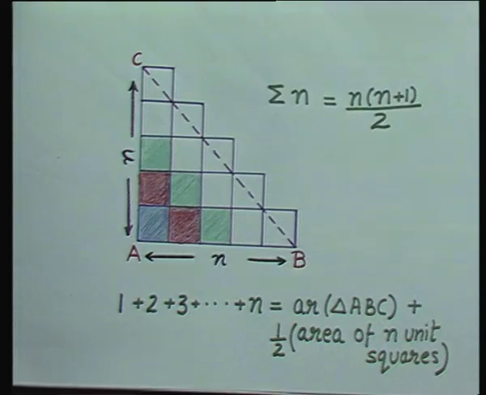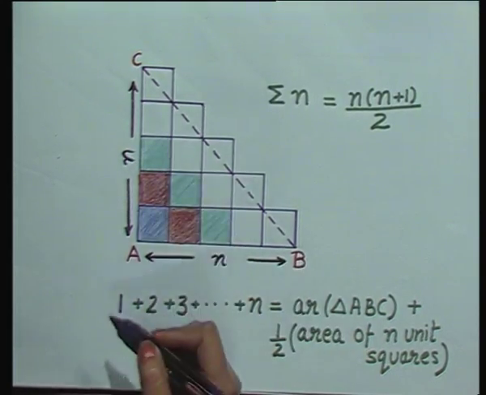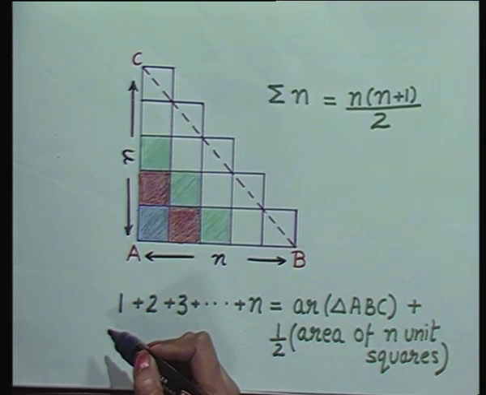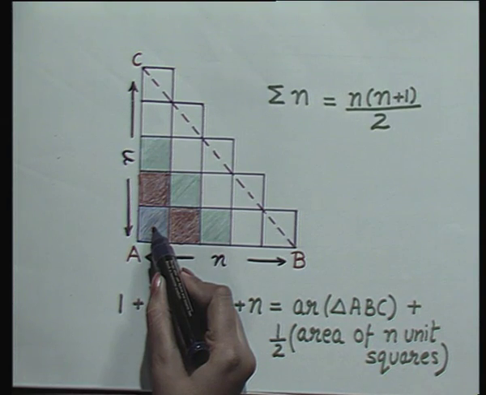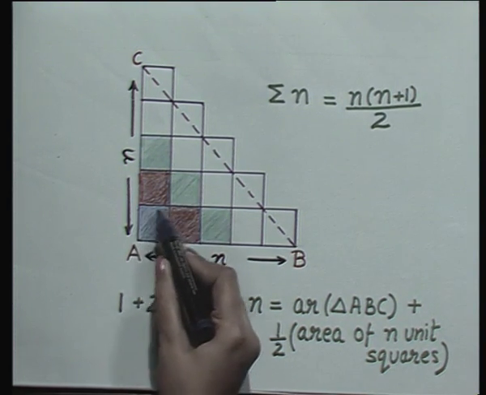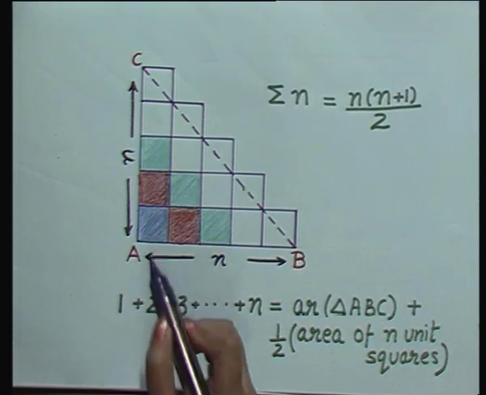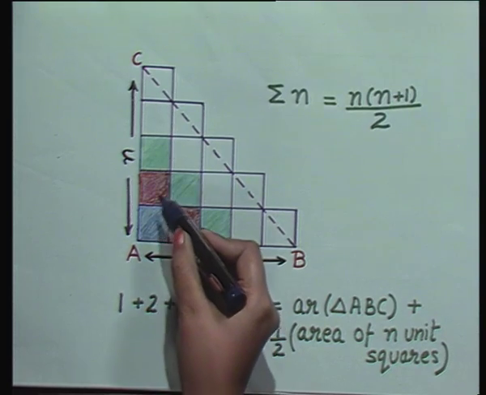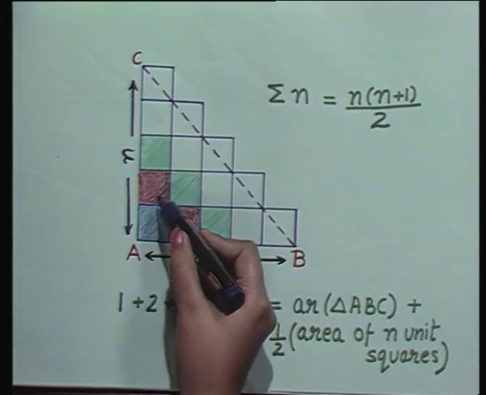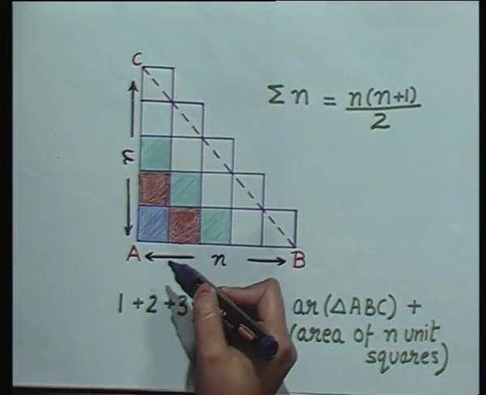We have a figure here, as you can see. It is a kind of a rectangular arrangement of unit squares. Here, the number 1 is represented by this square of unit area placed at the corner A. Number 2 will be represented by 2 squares of unit area, here shaded in red, placed alongside AB and AC.